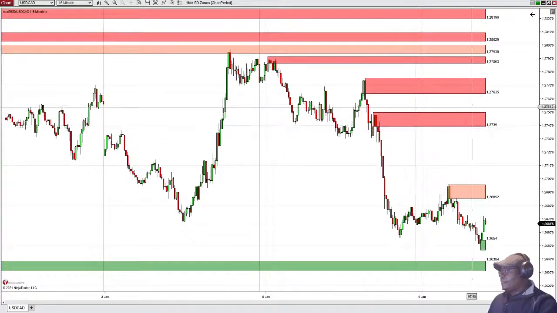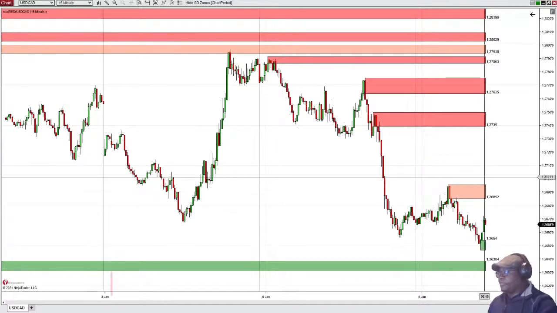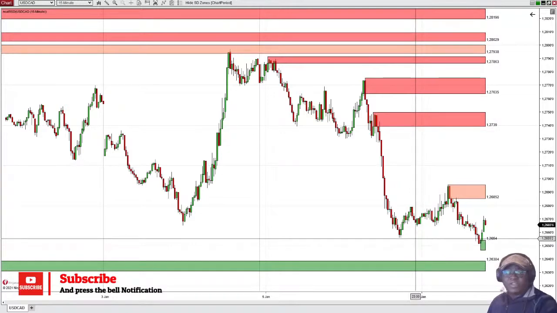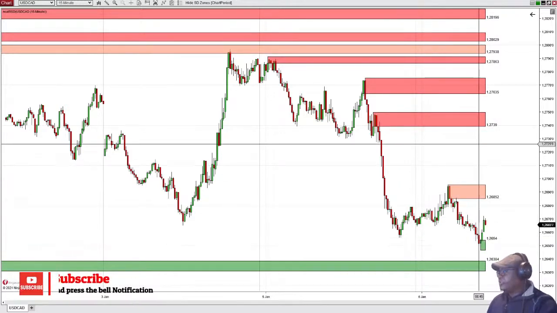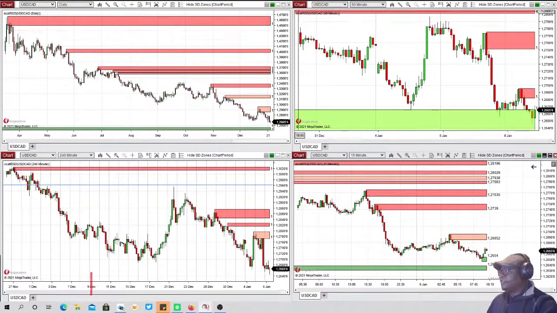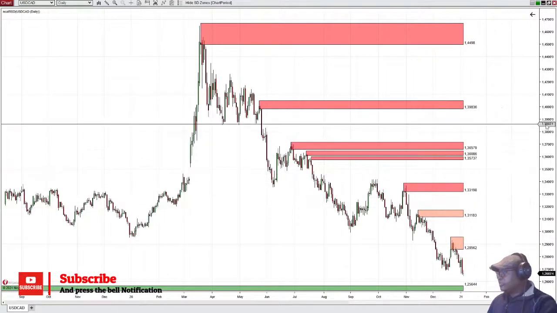So I cannot say right now the US dollar is really going to go up or have a bounce from this place or that place. Nobody knows the way the situation of things is with the States. By looking at it also on the daily, you can see it's just downtrend.